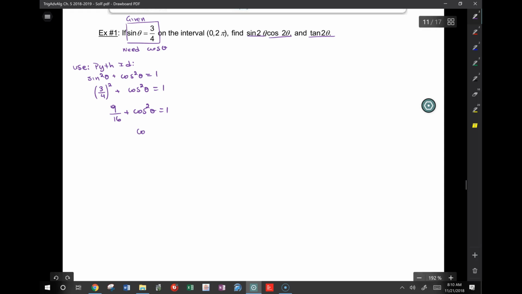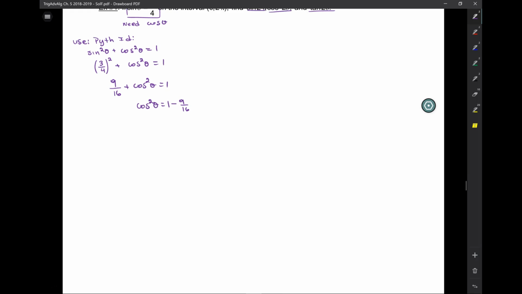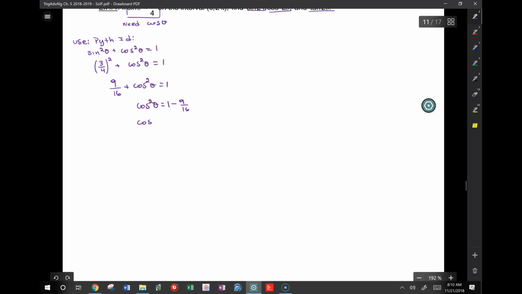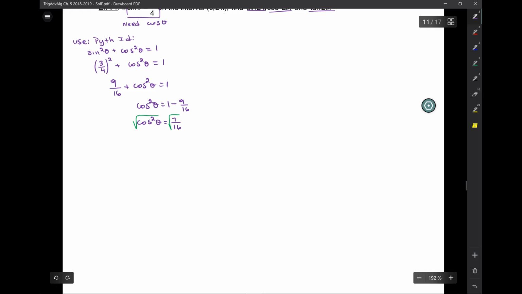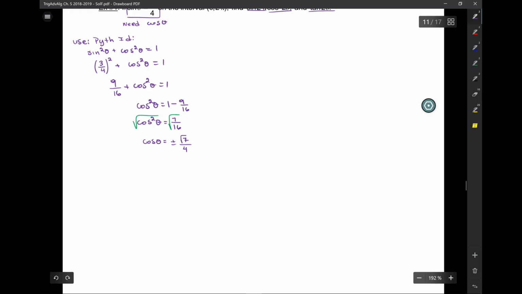So what's cosine squared theta? 1 minus 9 over 16. If that's 16 over 16, then when we subtract, we get 7 over 16. And if I take a square root, I get plus or minus root 7 over 4.